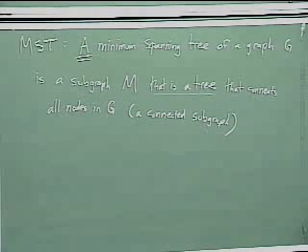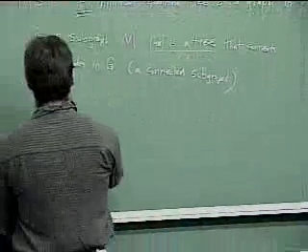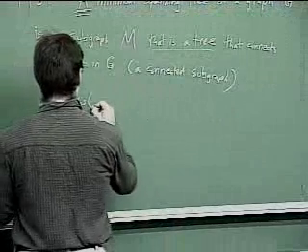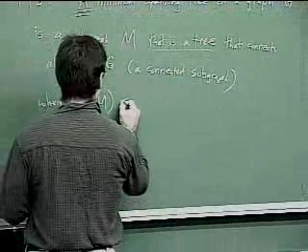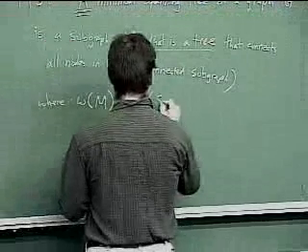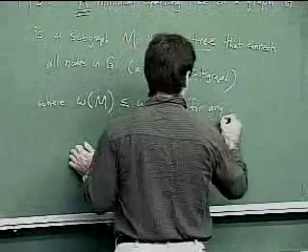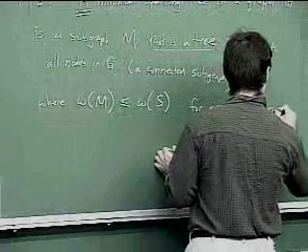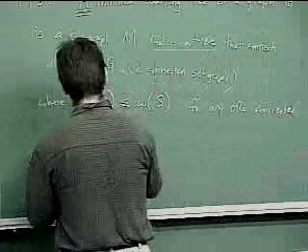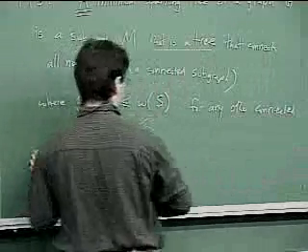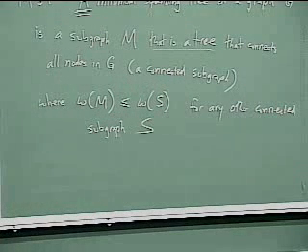So it's a subgraph M that is a tree that connects all nodes in G, where the weight of M is less than or equal to the weight of S for any other connected subgraph S. So it's the cheapest set of edges that when you add them up together, they form a subgraph that connects all nodes.